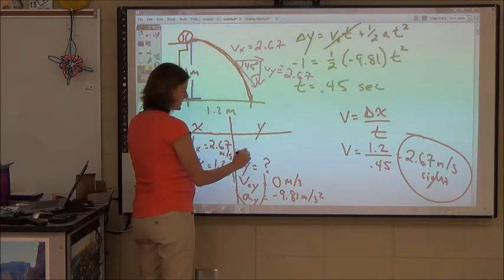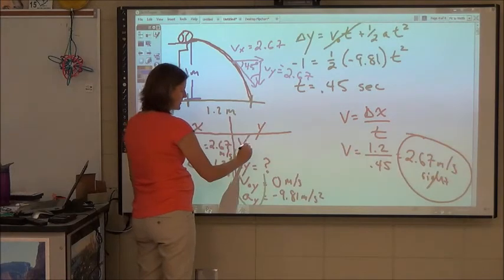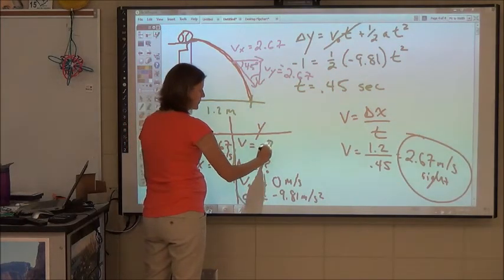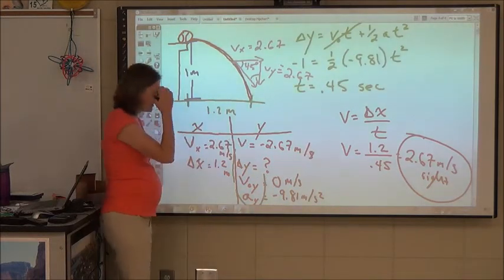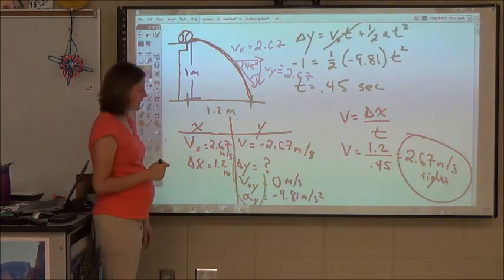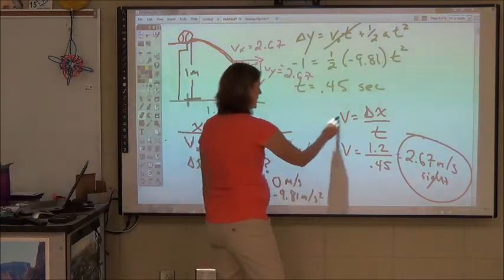Our initial velocity is still 0, but our velocity at this moment is negative 2.67 meters per second. And let me get a little space and clear out this stuff.